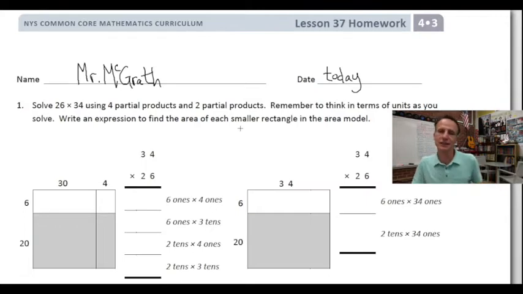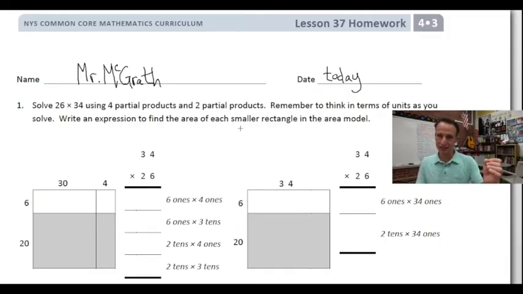Lesson 37. There are 38 lessons in Module 3. We are at the end. So we've been doing 2-digit by 2-digit multiplication with 4 partial products. Today we start to narrow that down to 2 partial products, which is a big step towards Lesson 38, which is not one to miss, because Lesson 38 is about all you get in using the standard algorithm to solve 2-digit by 2-digit multiplication.